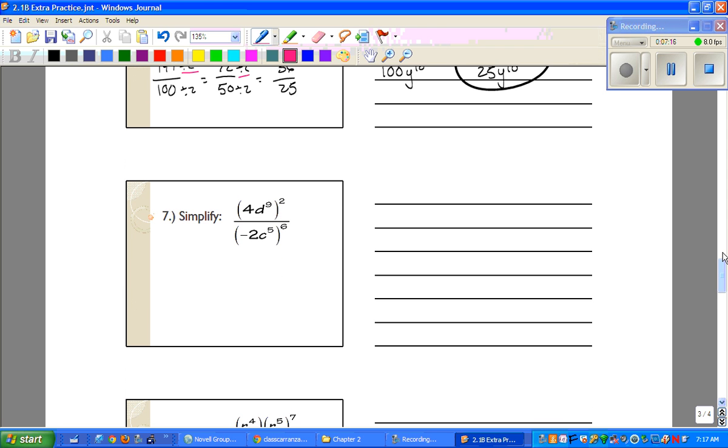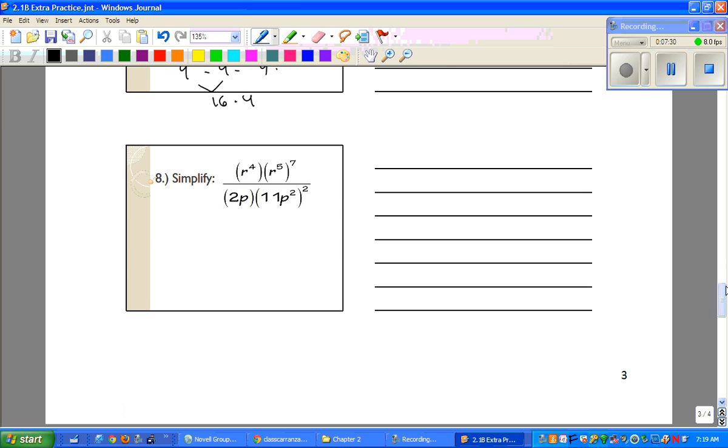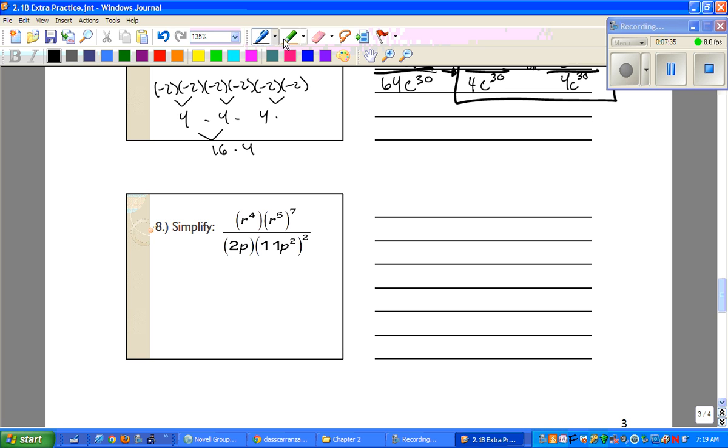All right, number 7. Once again, go ahead and see how you guys do. Okay, and there you guys go. All right, 2 more. Let's do these ones together. Now, we only have to distribute to the first parentheses on the top.